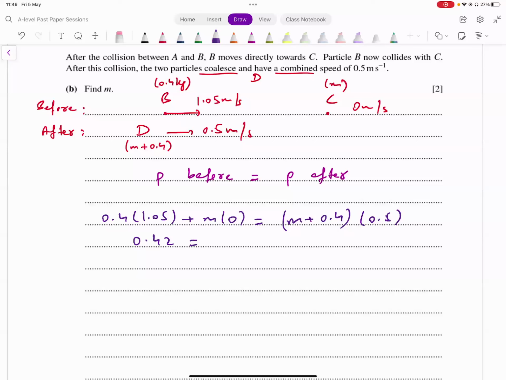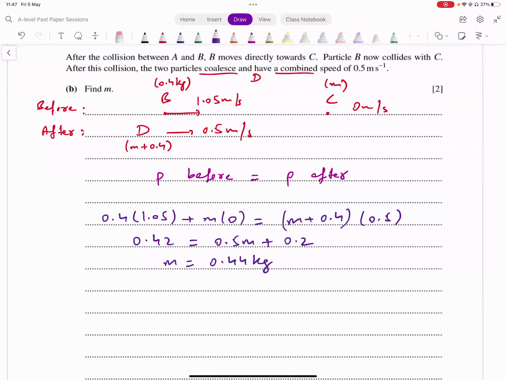On the right side, you have 0.5 m plus 0.4 into 0.5, and that is giving me 1/5, which is 0.2. 0.5 m equals this. यहाँ से आपको m की वैल्यू आ जाएगी, डायरेक्टली लिखते हैं आप. 0.42 minus 0.2, which is 0.22, divided by 0.5, and that is 11/25 or 0.44 kilograms. That's what the mass turns out to be here.